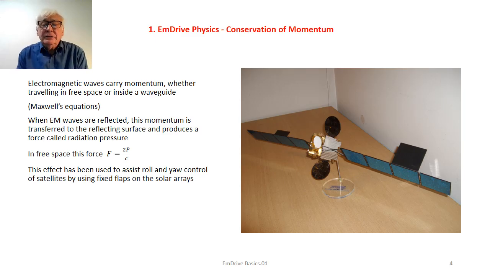And these are actually used to provide tiny torque to the satellite itself to enable the roll and yaw of the satellite to be controlled by the tiny forces from the sun's radiation. I've mentioned this because I want you to understand that radiation pressure is real and is used in space and is an engineering function that needs to be taken into account during satellite design.